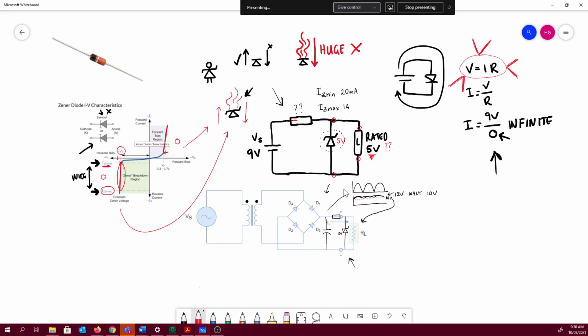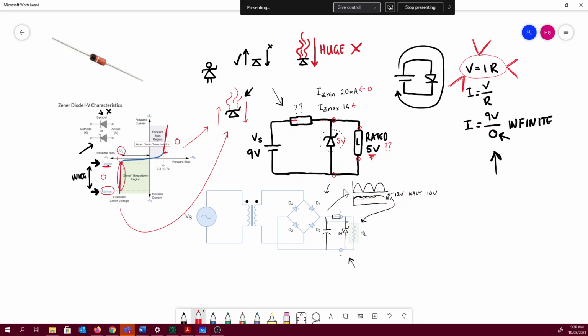And so what we want to pick is something that means that, even if we put a decent sized load in here, we're still going to get above 20 milliamps, because we want this thing to conduct, but we want to keep it away from being 1 amp. So why not just pick a number that's in between the two?